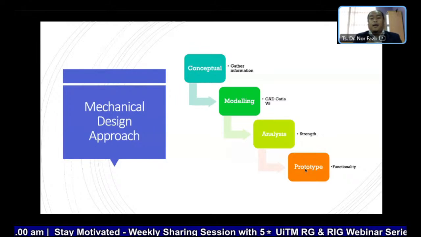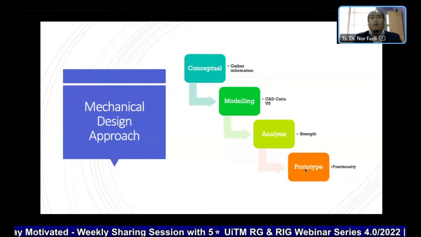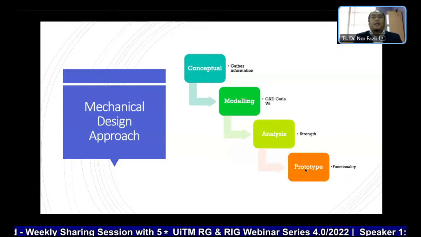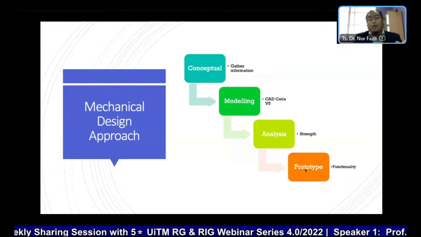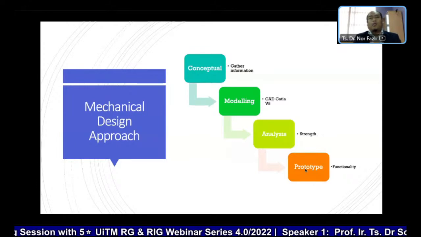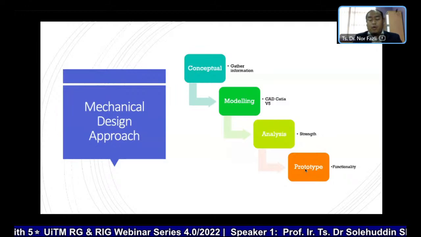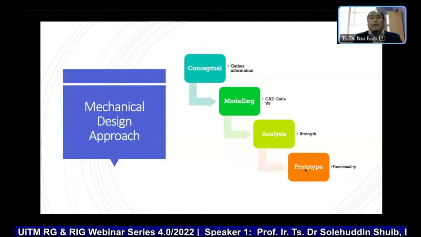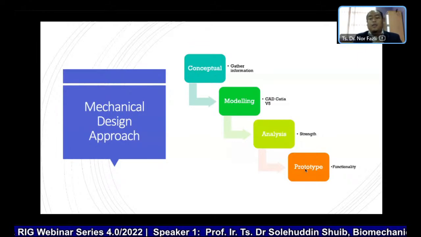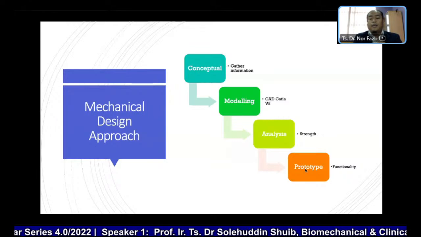We ensure that the model or new product follows specific anthropometric or ergonomic data. Once the product model is clear, we perform computational analysis to consider the strength of the product.